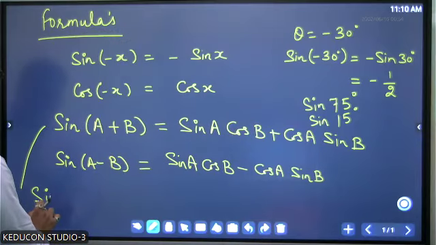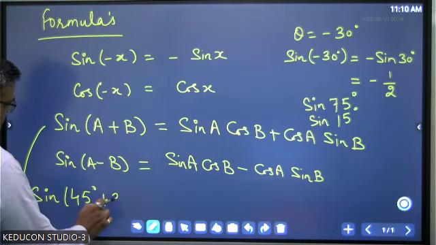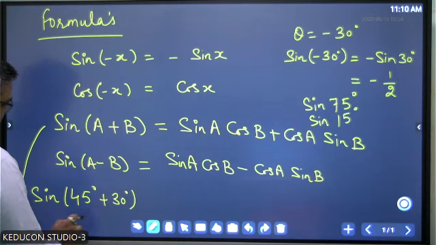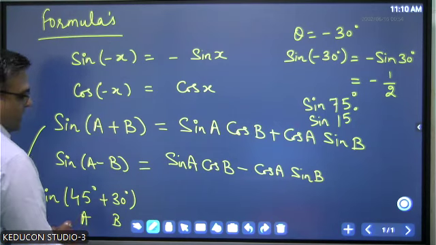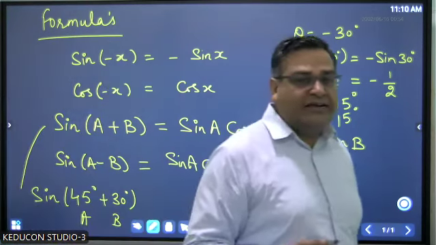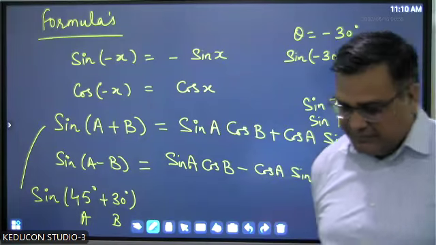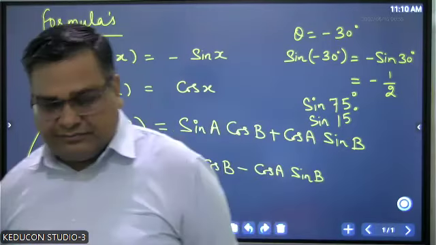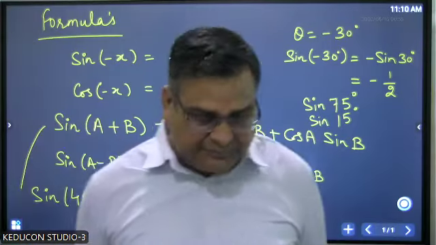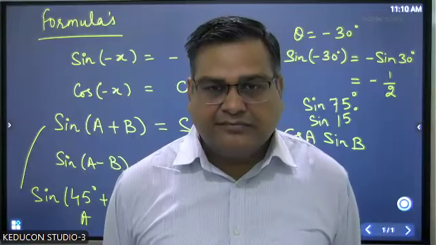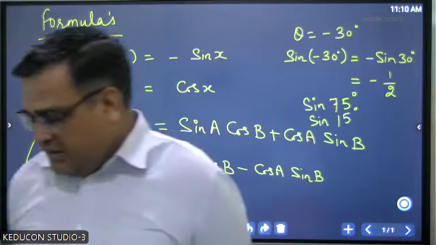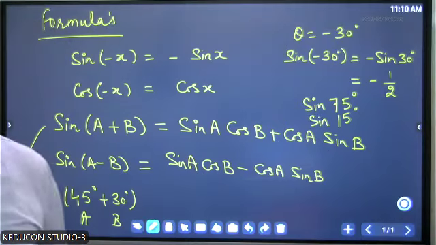It can be written as, students, now this will be A, this will be B. Apply this formula and find the value of sine 75 degree. Yes, students, please do it.